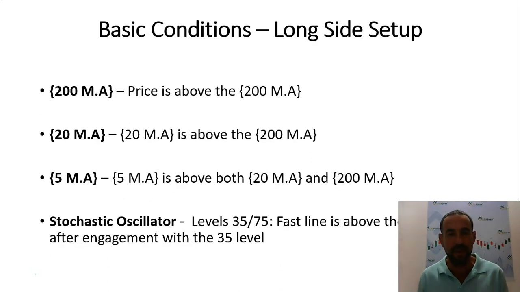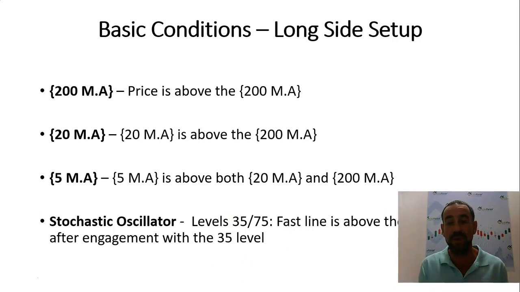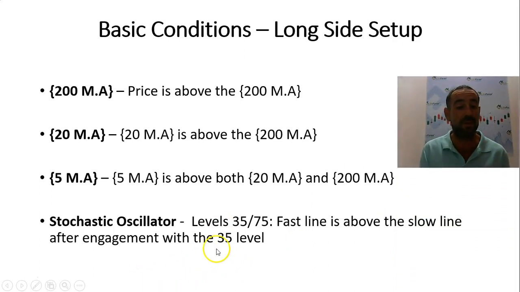Now we have two basic conditions: the long side setup and the short side setup, the bullish setup versus the bearish setup. They're almost the same. When it comes to the moving averages, they stay exactly the same. The only difference is with regards to the stochastic oscillator.